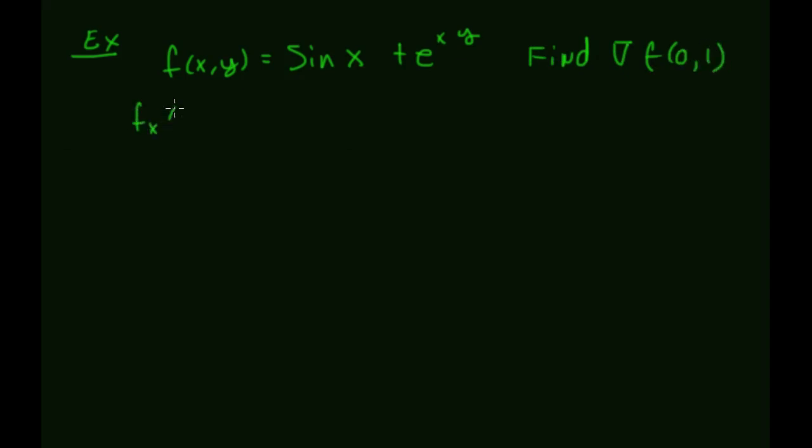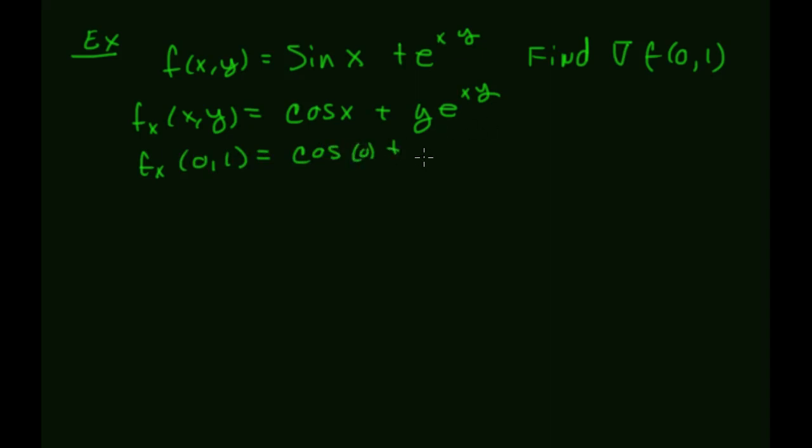So I take f sub x at x, y. That's going to give me cosine x plus y e to the xy, and f sub x at 0, 1 is the cosine of 0 plus 1 times e to the 0, which is 1 plus 1, or 2.